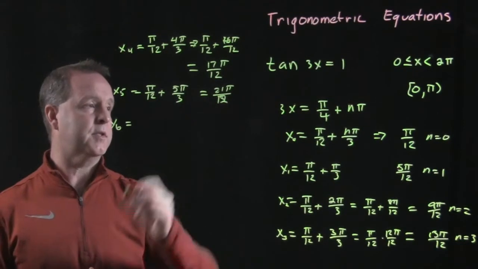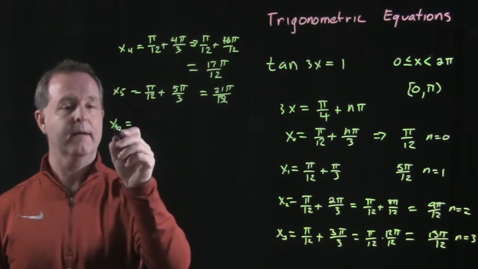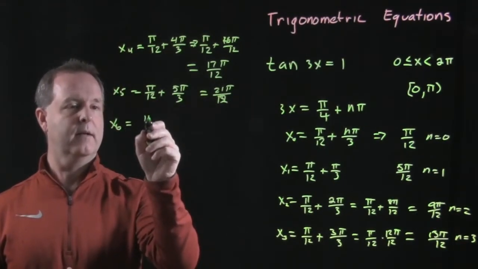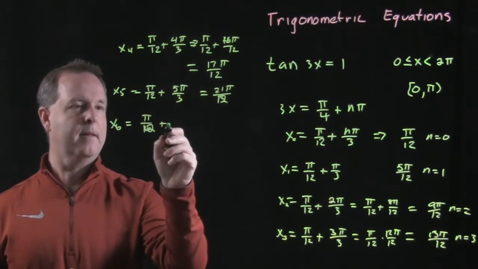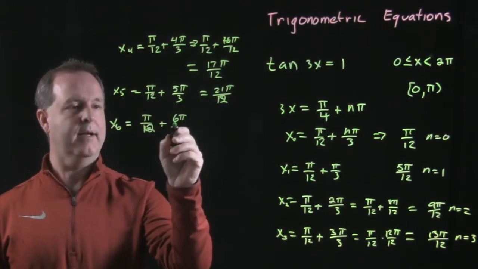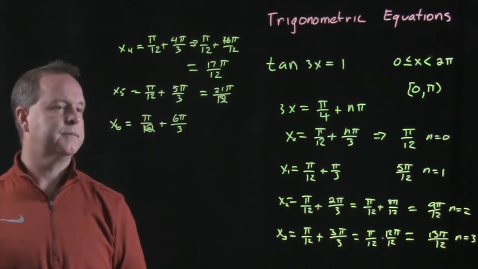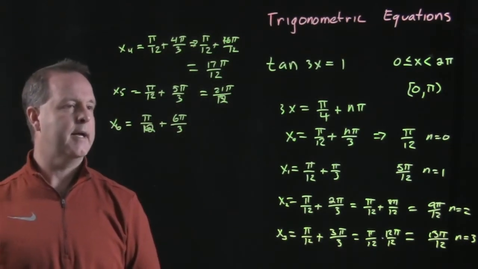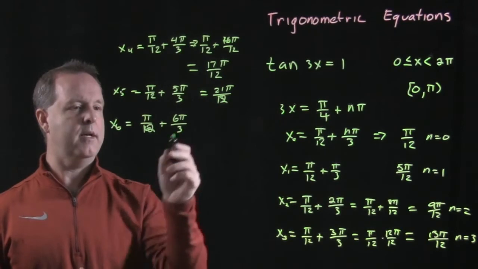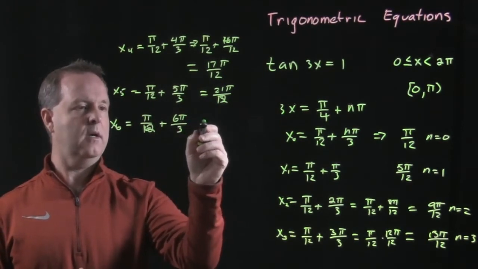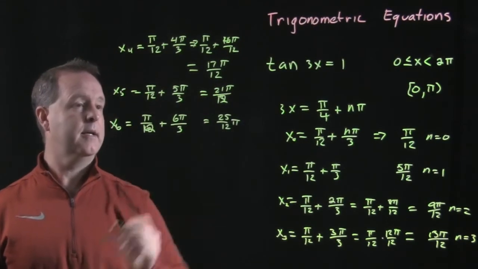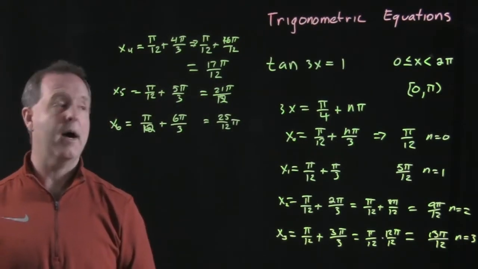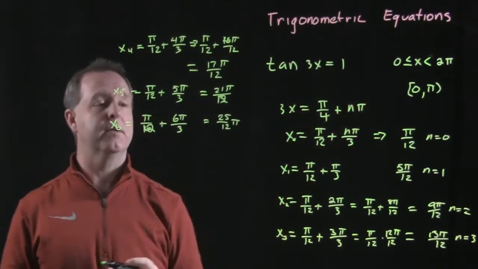Since this value is still within the period from 0 to 2 pi, the sixth one is pi twelfths plus 6 pi over 3. Common denominators on that one makes that 24, so that equals 25 pi over 12. That solution is beyond my restriction from 0 to 2 pi.